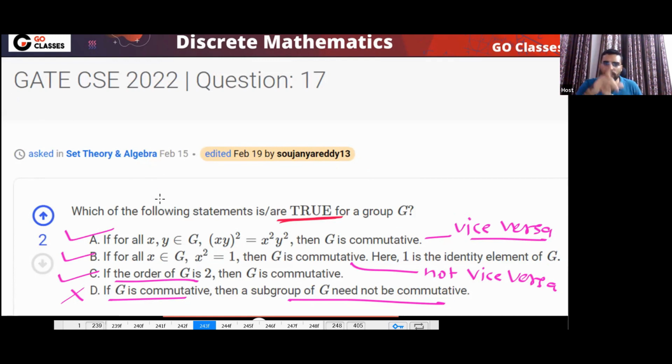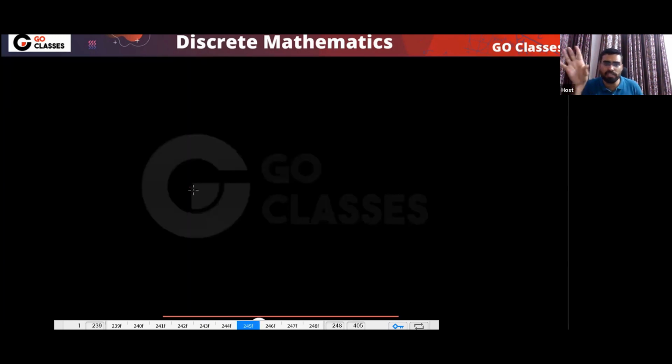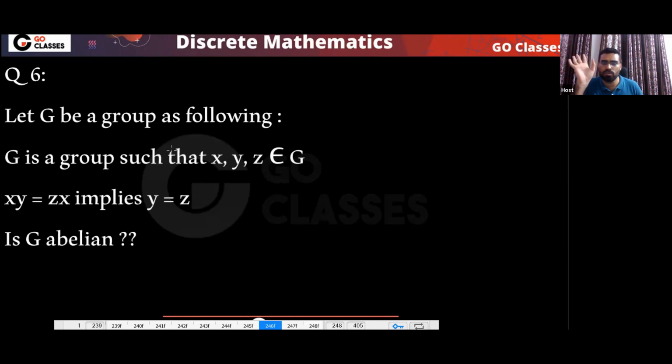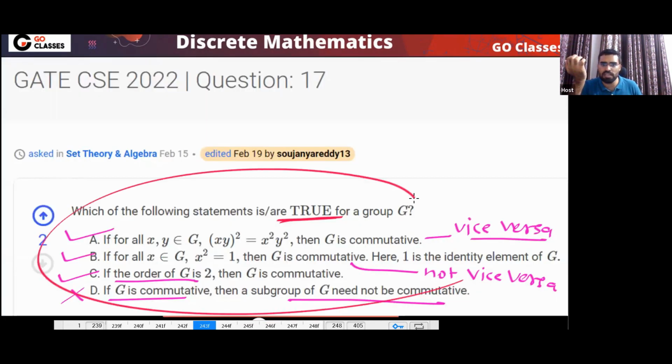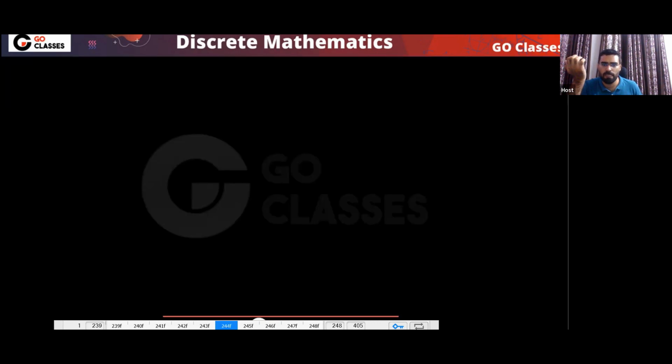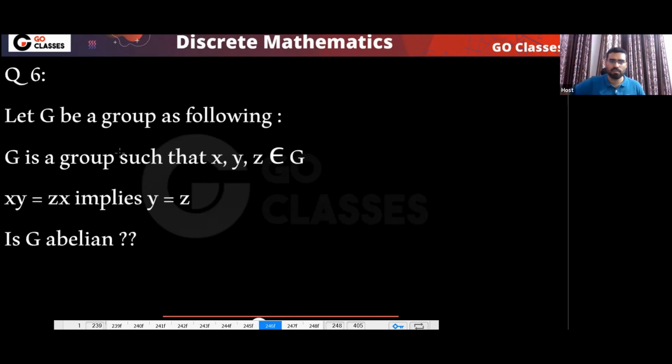I will share that book in the group today, and I will also mark the questions that have come in the GATE exam. You don't have to study that book, but just check that many questions have come in the GATE exam so far from that book.